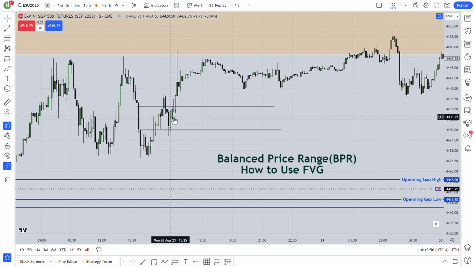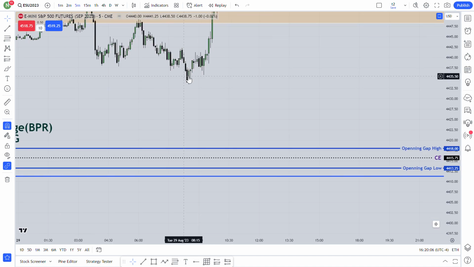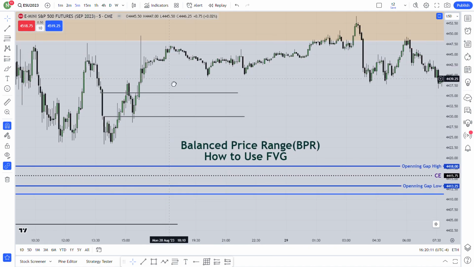If it closes under the consequent encroachment and does not show me any reaction to the upper level or the consequent encroachment, the clear rejection, you remember the clear rejection like that, then I am suspicious that price can come back again to this gap.